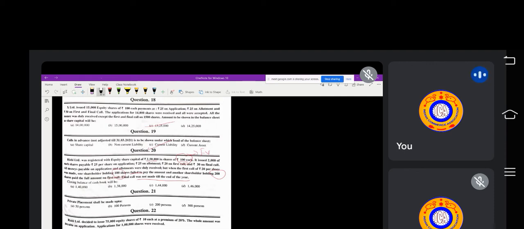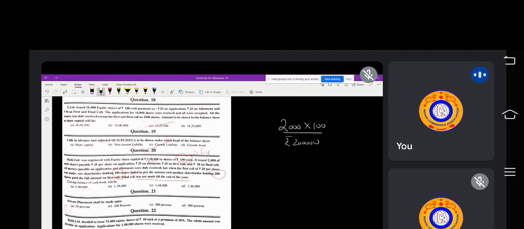The company is issuing 2,000 shares of rupees 100 each. So 2,000 into 100 gives you the amount of total share capital. It comes to an amount of rupees 2 lakhs.